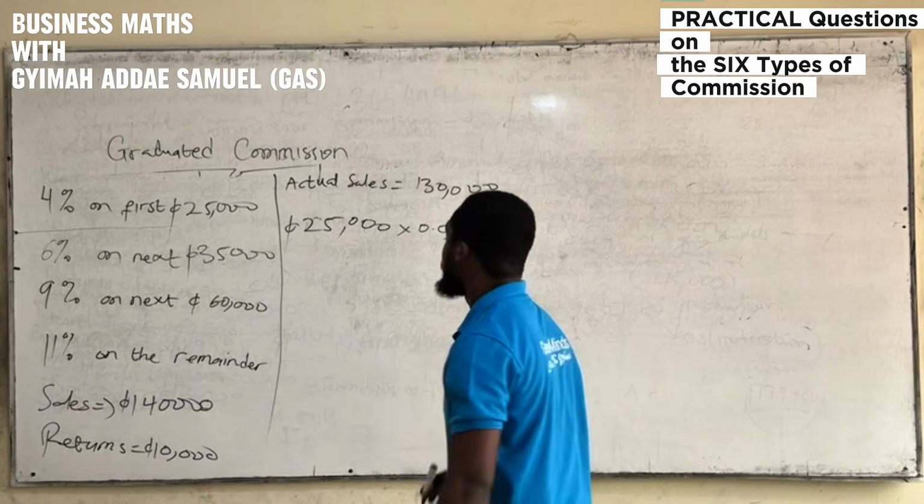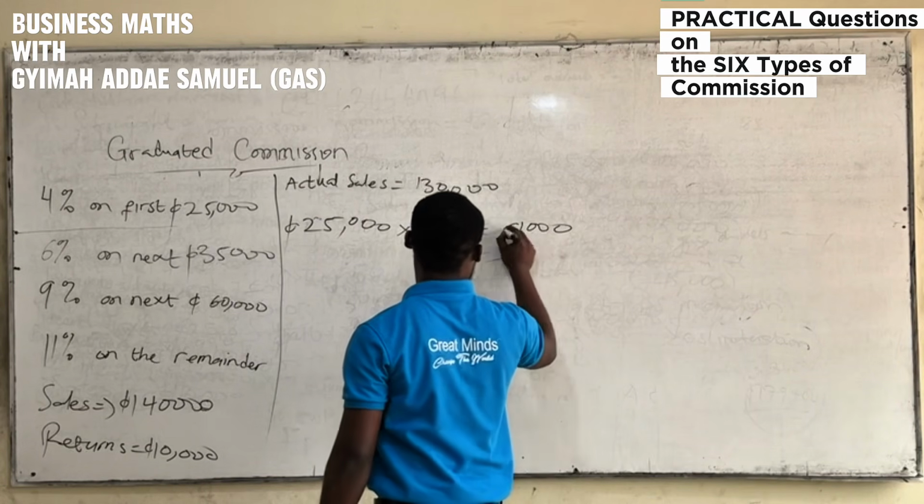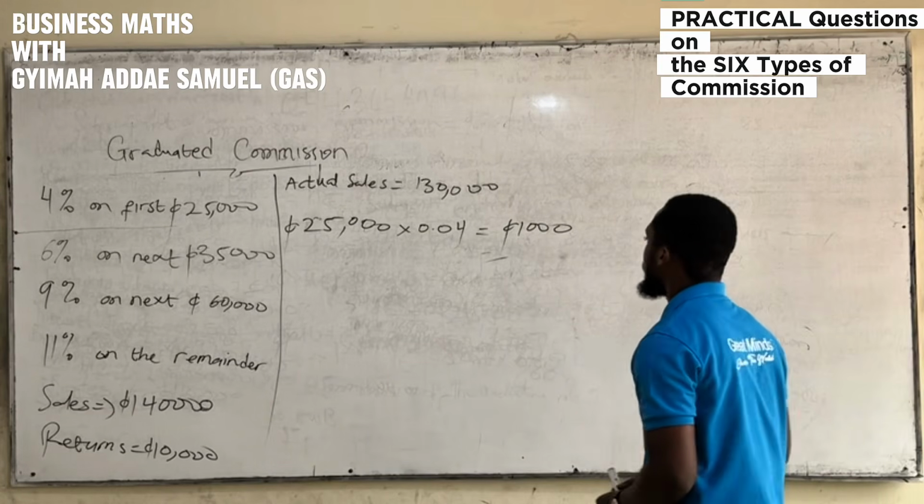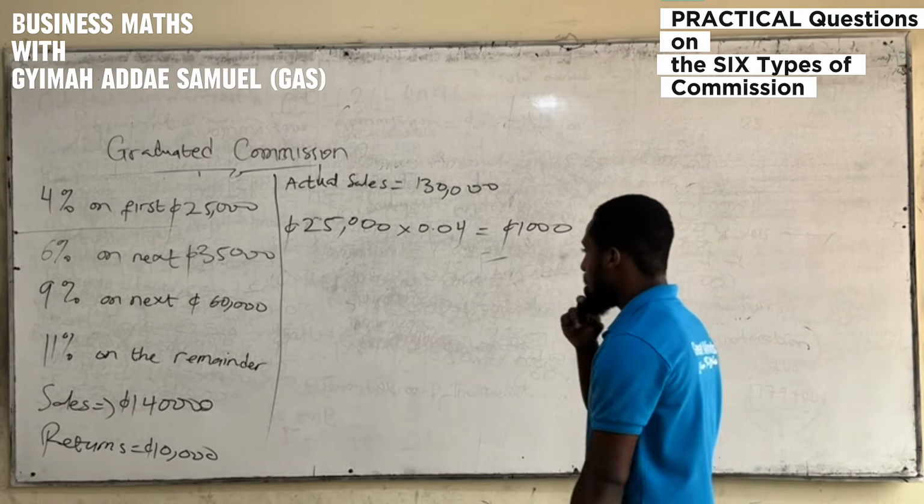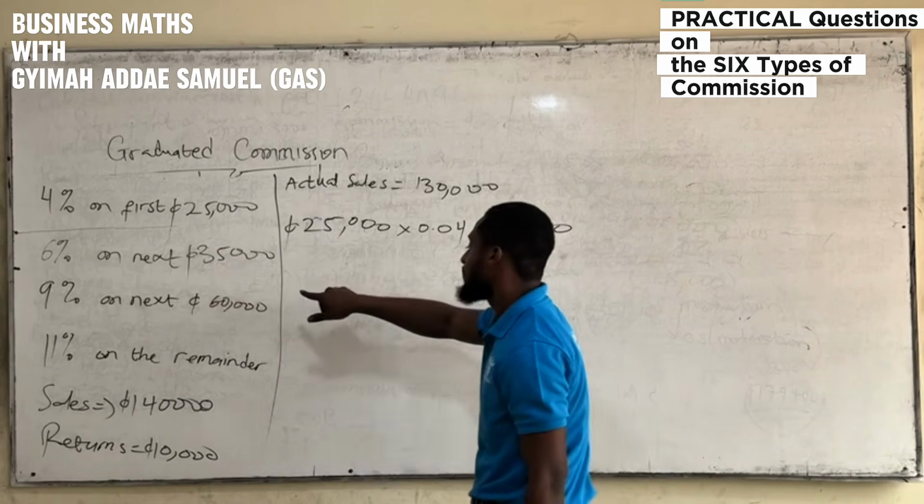We are getting 1,000 Ghana cedis. So now we have 6% on next 35,000.